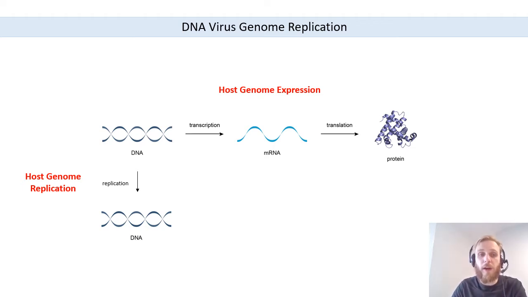As we know, viruses are always dependent upon the host cell, and this is still true for DNA viruses. However, the level of dependence differs across different DNA viruses. Some are really tightly reliant upon the host cell. They use almost all the same machinery and enzymes, but some DNA viruses are less dependent, and we're going to look at some examples now.